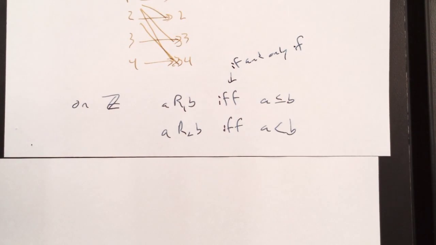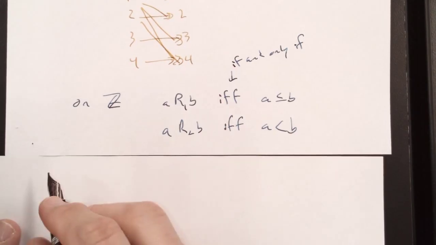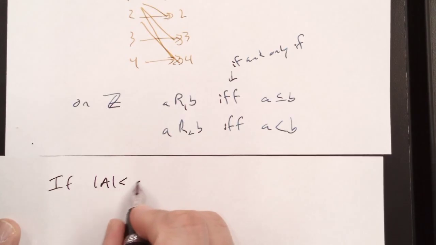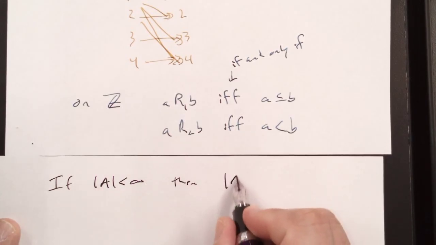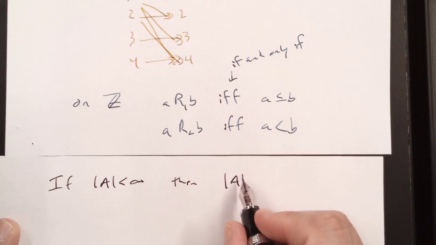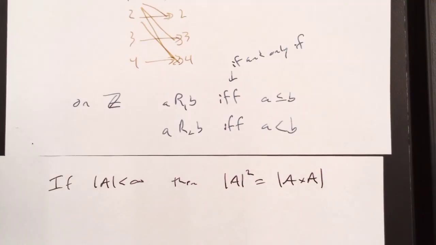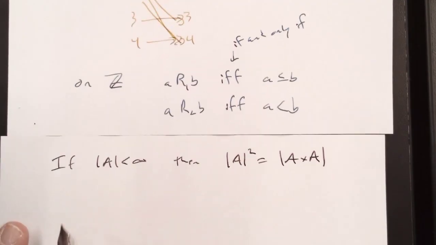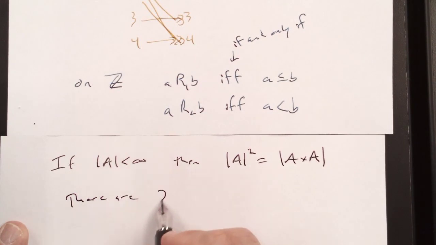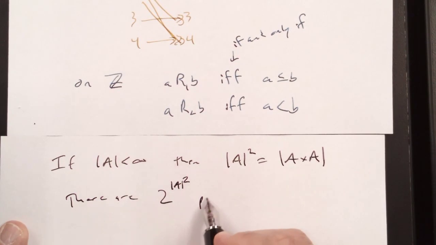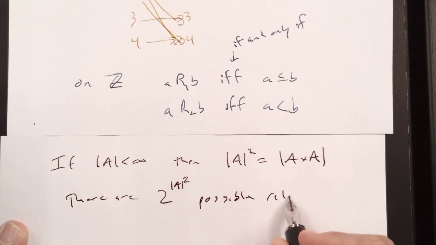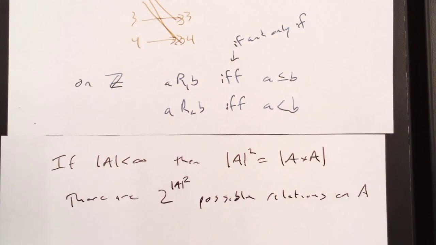As I said earlier, when I have a finite set, the Cartesian product has |A| times |A| elements in it, so that's the cardinality of A squared, and that means there are an absolutely huge number of relations, even when A is a fairly small set.